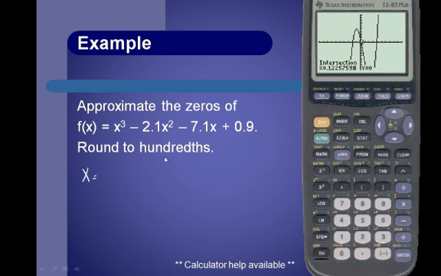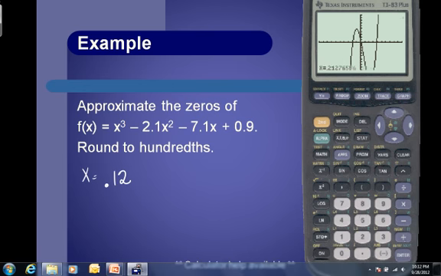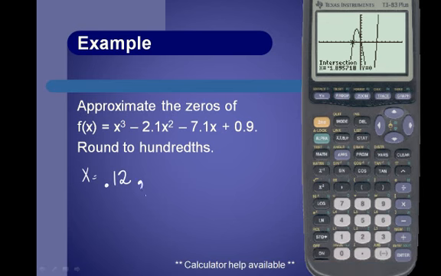So our first zero is at 0.12257598. Rounded to the nearest hundredth would be 0.12. Our next intersection, second trace, number 5, enter, enter. This time we'll go over here to this first one, and that says that the second intersection is negative 1.8957, or rounded to the nearest hundredth would be -1.90.